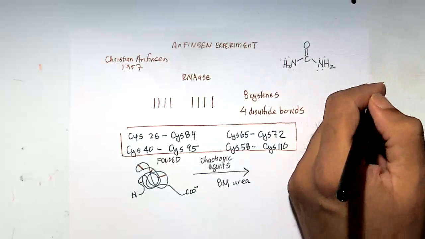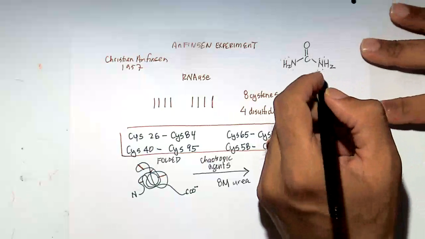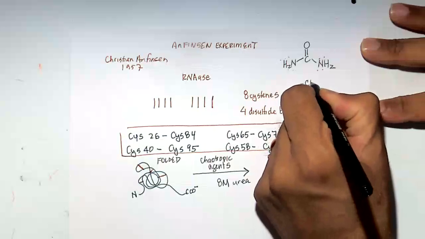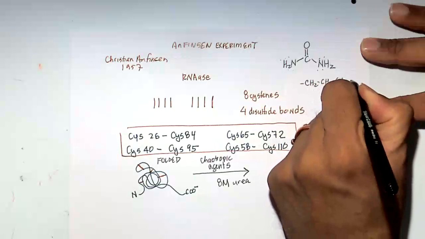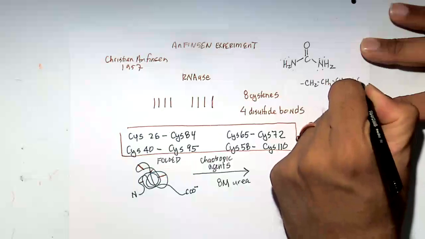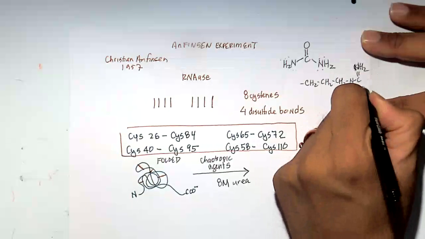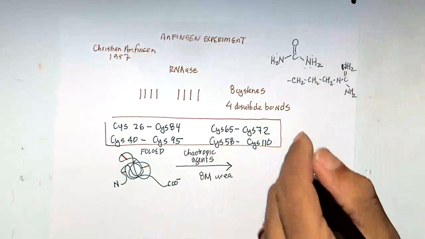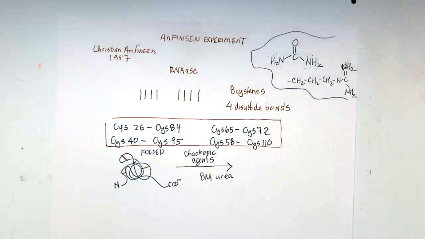But you add urea or you add guanidinium. Guanidinium is the side chain of arginine. Basically these are the guanidinium group, urea.